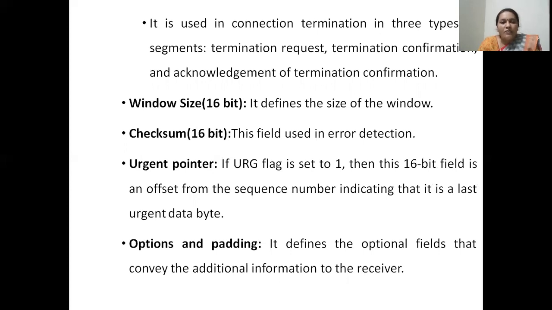For sender, the window size indicates those many segments the sender can send without receiving the acknowledgement. At the receiver side, receiver window indicates the number of segments which can be buffered by the receiver before it can send an acknowledgement. The next field in the TCP segment format is checksum.